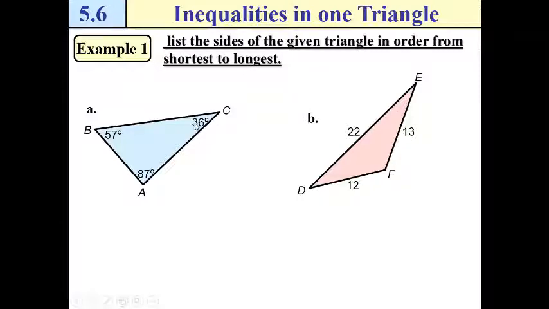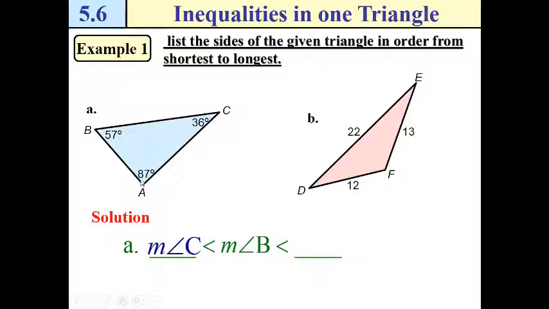The smallest angle, angle C, is 36 degrees. Then this is the first one, angle C, and the middle one, angle B, 57 degrees, and the greatest one, angle A, 87 degrees. According to the given angles, we can put the side lengths in order.